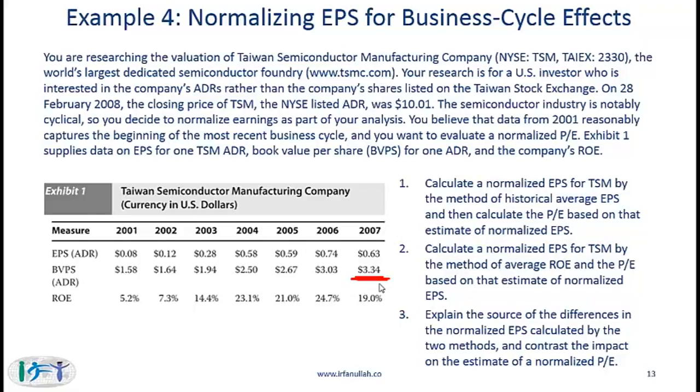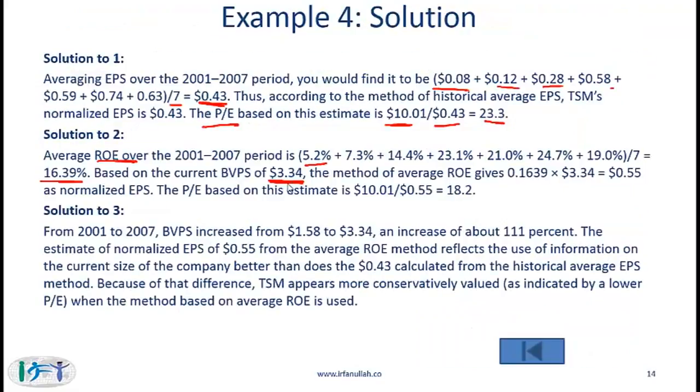So you take the average ROE number and multiply by the book value per share, and you get 0.55 as your EPS. Notice this number is higher than what you had earlier, and therefore the PE number is going to be lower. And then from a testability perspective, this is important, the distinction between the two methods.